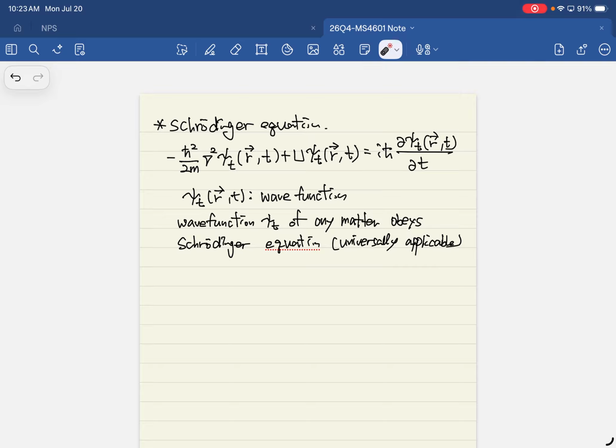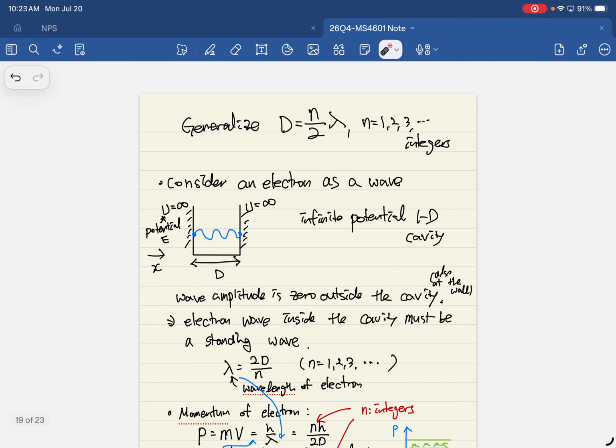So whether you have a big object or a small object, it has to obey this Schrödinger equation. But the reason why we don't use it for bulk scale objects is that for bulk objects, the de Broglie wavelength is too small, as we calculated before.